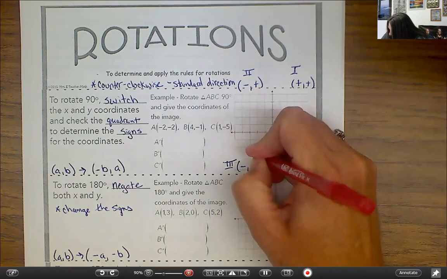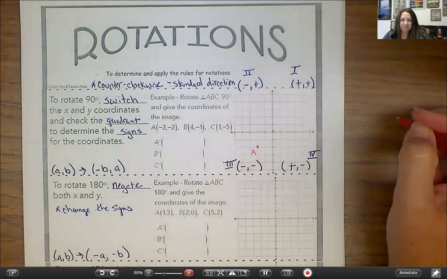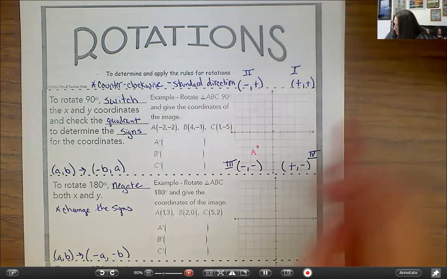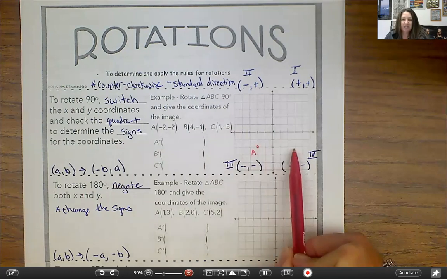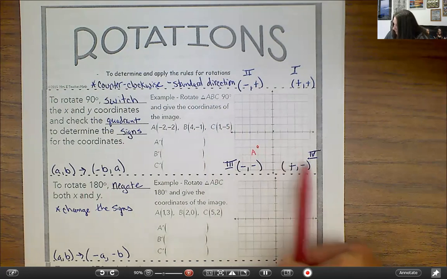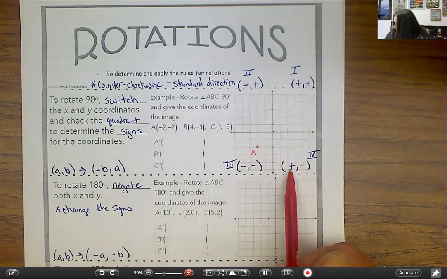There's point A. Now, what we want to do is move 90 degrees or one quadrant. So we know that if we move one quadrant, it's going to move to the fourth quadrant. So I know my x-coordinate has to be positive and my y-coordinate has to be negative.